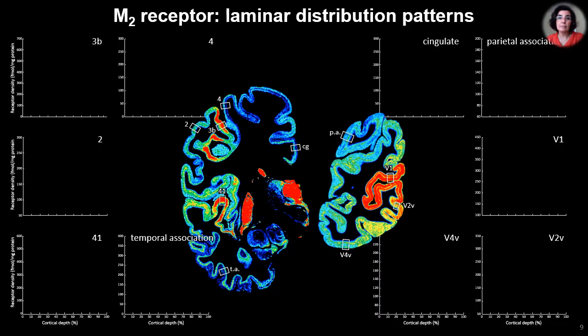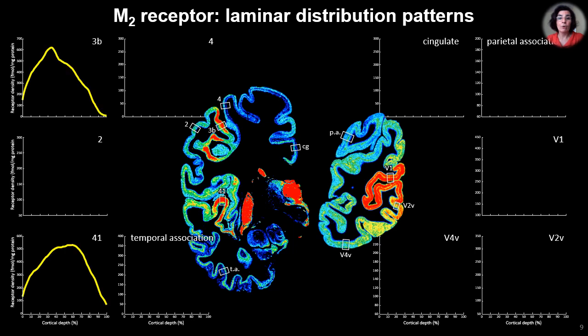Now, this canonical sequence does not mean that a given receptor type presents the same laminar distribution pattern throughout the entire cortex. The muscarinic cholinergic M2 receptor is an extreme example with a relatively wide range of laminar distribution patterns.